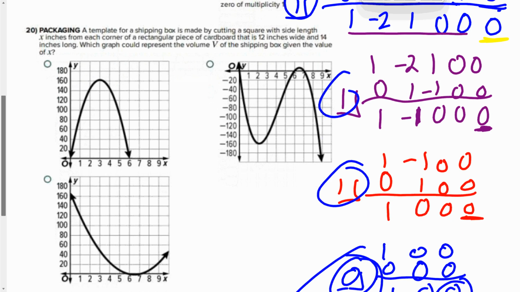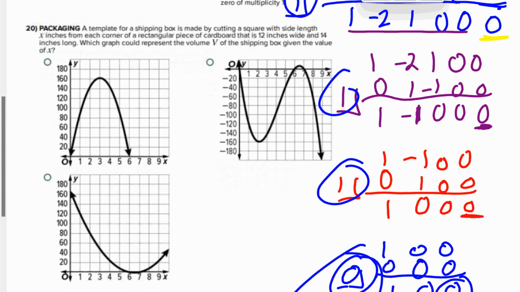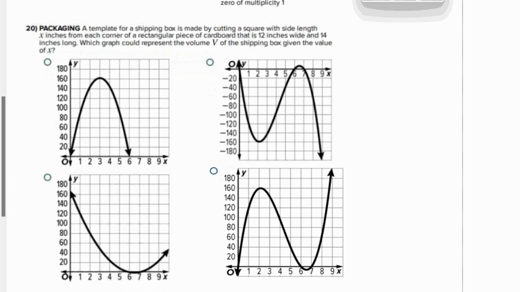Okay, the last problem I need to fix real quick because I forgot the last graph. Okay, with this last one, added that one on. So we have a template of a shipping box, cut a square from each corner. So basically we have a square and we're cutting a certain length x out of each corner.